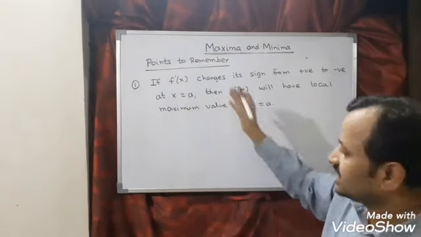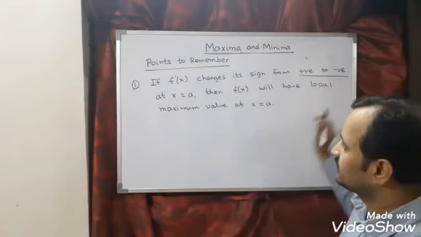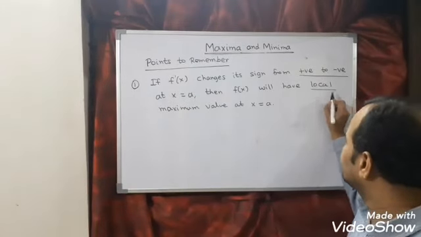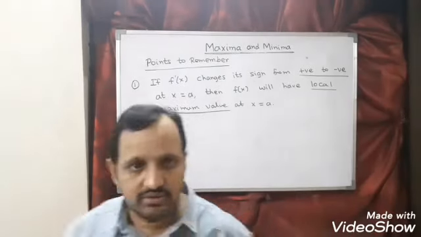So if f dash x changes its sign from positive to negative at x is equal to a, then the function will have a local maximum value at x is equal to a.